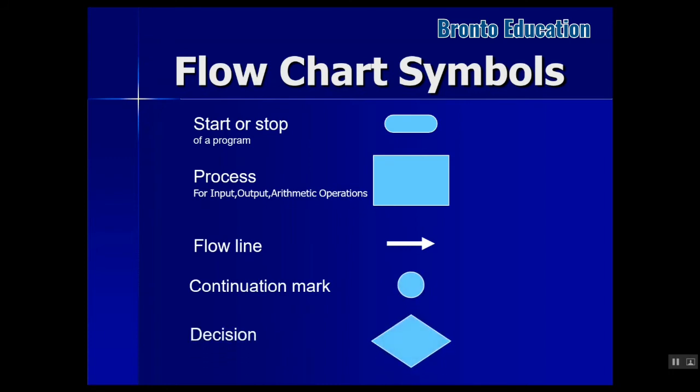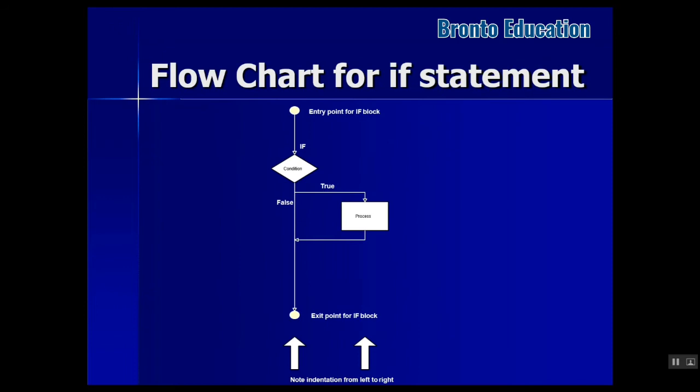Decision. This is for checking the condition. We are going to give a condition. If it is true, go to that part. If it is false, go to this part. This is the if statement flowchart. First, you give a condition, if score is greater than 50.